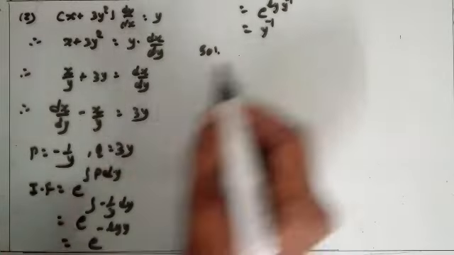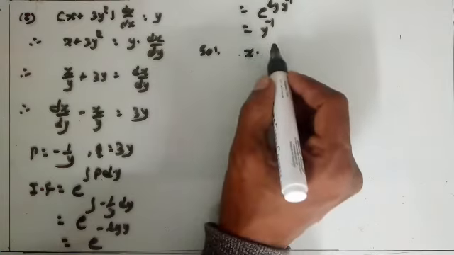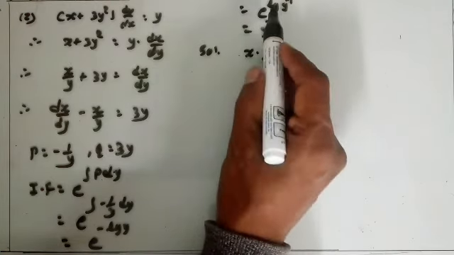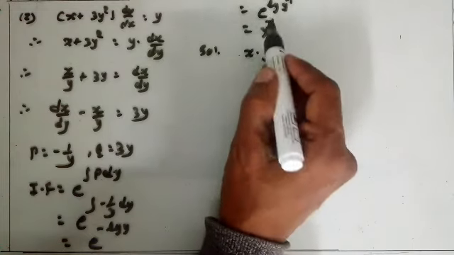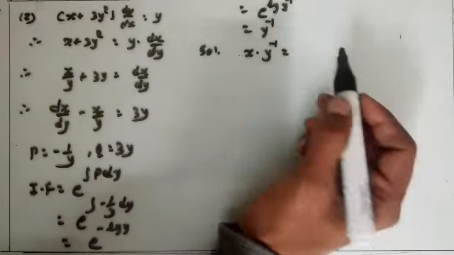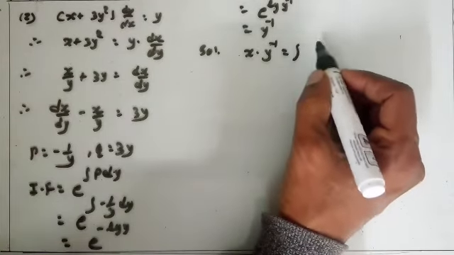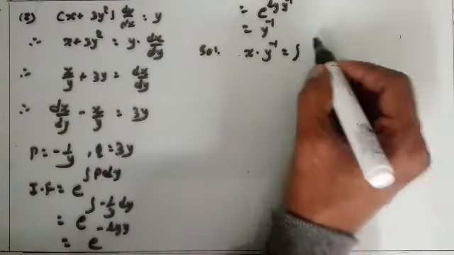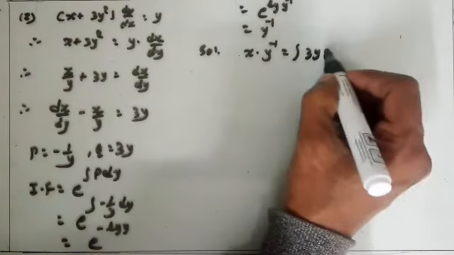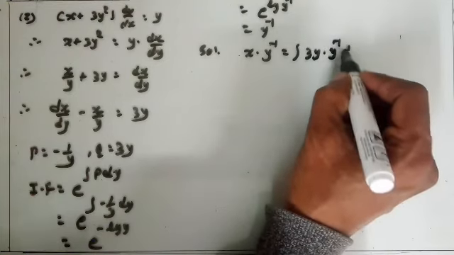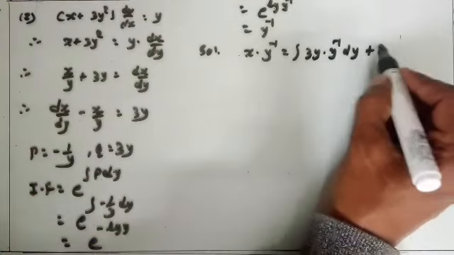here dx/dy is given, so x into integrating factor e raised to log y raised to minus 1, that is y raised to minus 1, is equal to integration of q, that is 3y, into integrating factor y raised to minus 1 dy plus c.